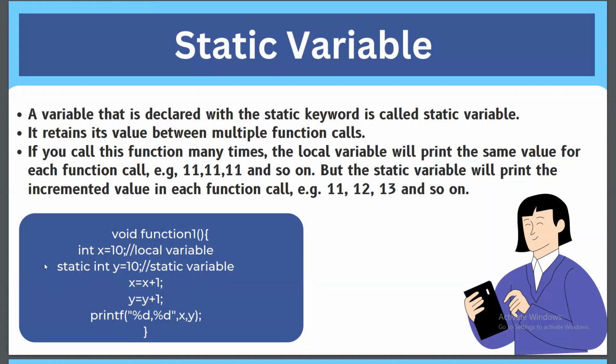This static variable works like a loop here. It will increment every time, but x will not increment. This will always print 11, 11 and 11, but this will print 11, 12 and 13, because static is the one keyword that is declared once. We do not need to declare it every time. That's why we use the static keyword before defining the variable.